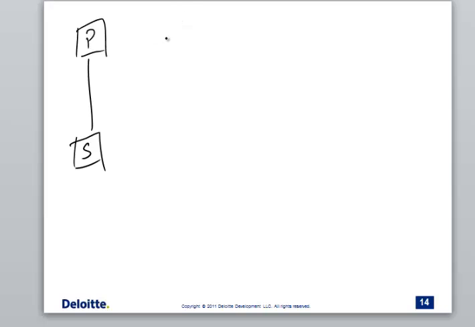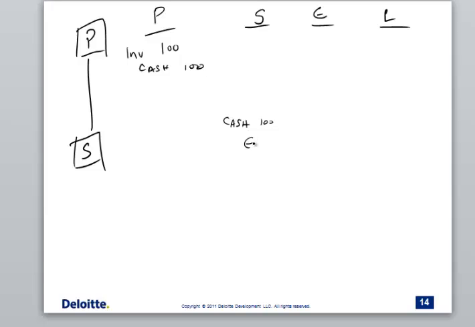Let's have P's books here, S's books here, eliminations here, and consolidation here. So P forms S with 100. P debits investment 100, credits cash 100. S debits cash 100, credits equity 100.